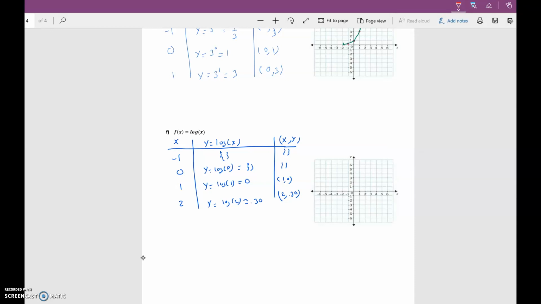You're basically looking at not having anything on the negatives. The first one is going to be at 1, 0, followed by 2, 0.30. We need an additional one. Let's select 3.